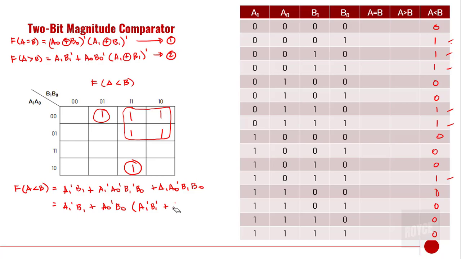And for this term is A1, B1. We can see that this is the function for XNOR gate. So our simplified expression will be A1 prime B1 naka-OR sa A0 prime B0 na naka-XNOR sa A1 B1.